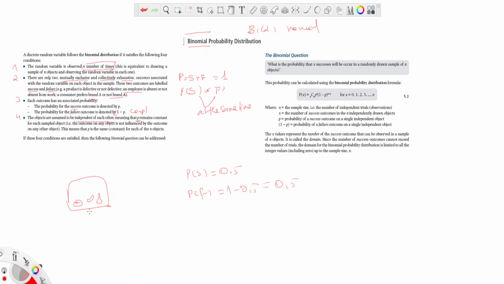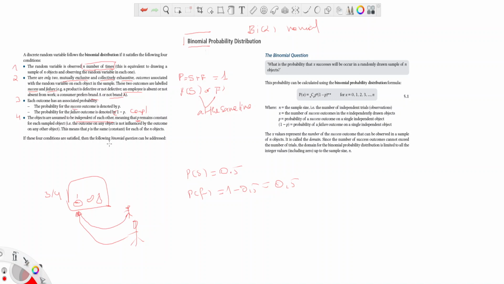If you know that there's a specific product that 3 out of 4 people will prefer, it means that when person 1 comes and selects this, it's going to be independent of the second person coming and selecting this again. They don't talk to each other and it's independent. So that's what is meant by the sentence that the objects are assumed to be independent of each other. So the probability remains constant for each object.